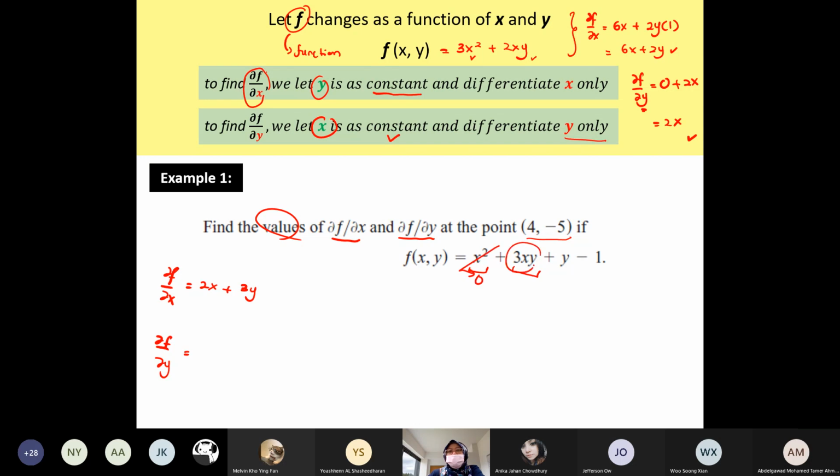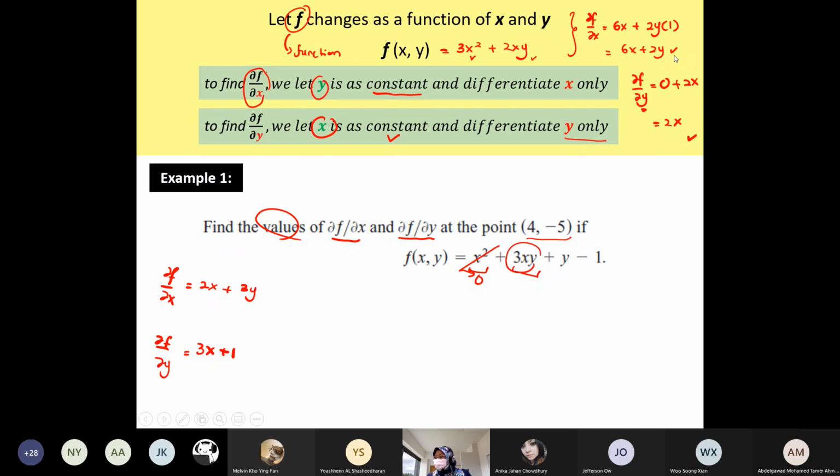But this one has the term y, and x now becomes constant, so differentiate y is equal to 1. So you only have 3x here. Differentiate y, you said just now, is equivalent to 1. Differentiate negative 1 is equal to 0, right? So the answer is only 3x plus 1.